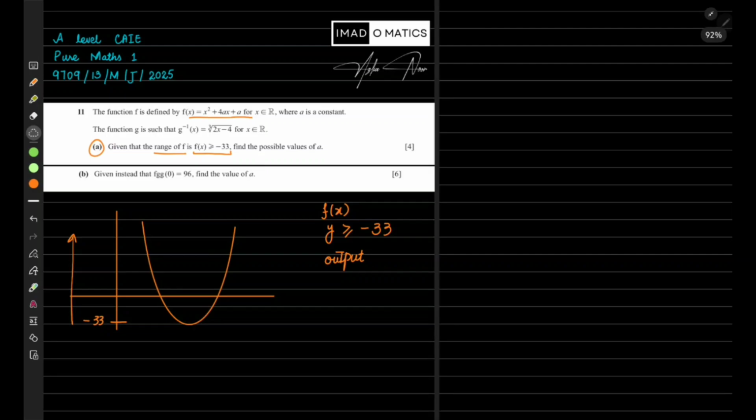So understanding this situation, let's find out the coordinates of the stationary point. As we have this, we know how to find the coordinates of this turning point. We can find the coordinates of this stationary point or turning point by making it into completed square form.